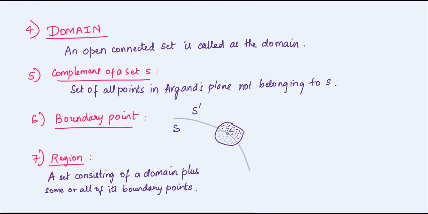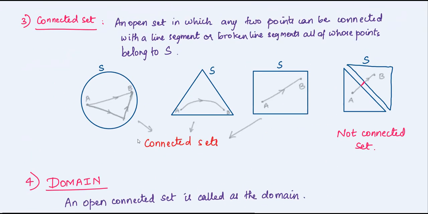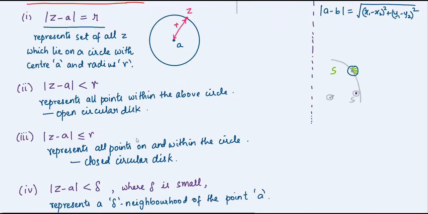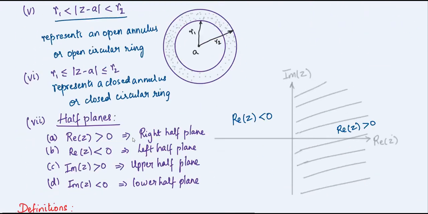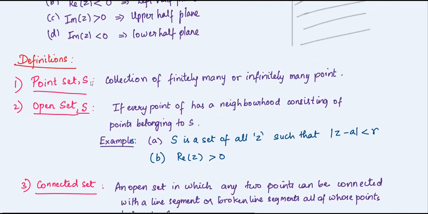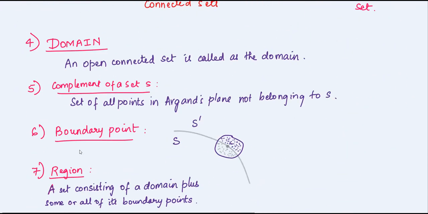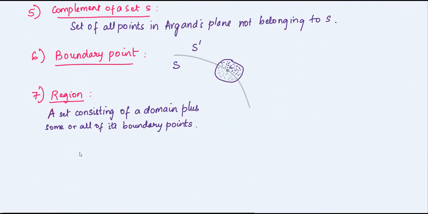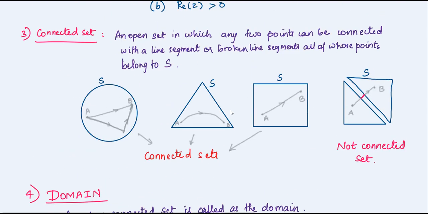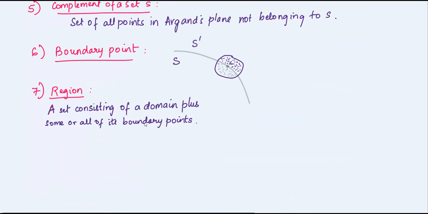So what we discussed so far are some important but basic definitions. We discussed some important complex sets. Then we built on defining what is an open set, what is a connected set, and what is a domain, boundary point, and region. These are basic definitions, but conceptually we have to get them right.